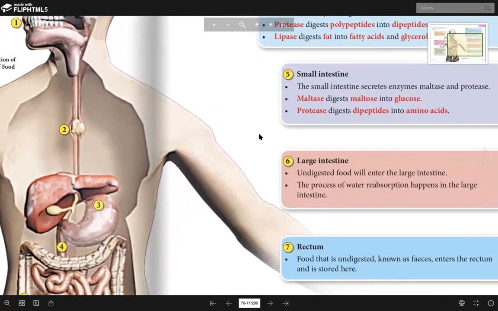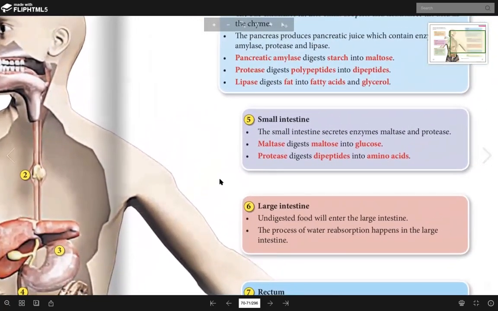Sebab apa kat duodenum? Sebab duodenum adalah tempat yang mana makanan tu akan lalu. Makanan tak lalu kat liver, makanan tak lalu dekat pancreas, tapi dia lalu dekat duodenum. Duodenum tu hanya tempat untuk menerima bile dan tempat untuk menerima enzim.